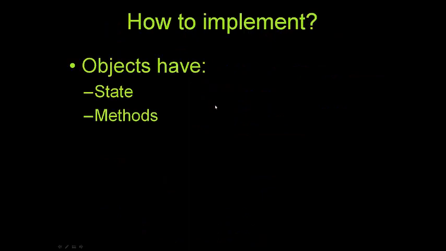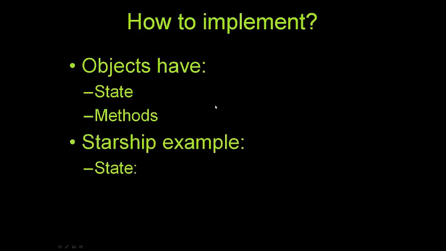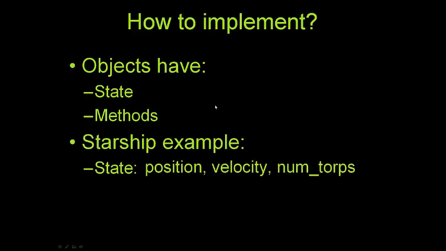Objects have two things in general, the state and the methods that will apply on the objects, right? So in the Starship example, the state will be position, velocity, and number of torpedoes, right? You need to keep track of the position, the velocity, as well as how many torpedoes it has, right? Methods, move, attack, whatever, right?